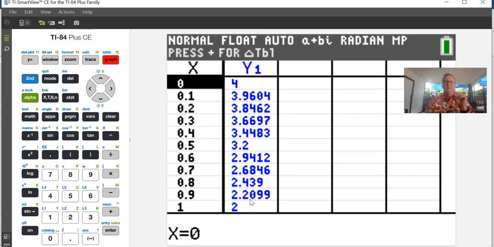I already knew the first one was 4, and then 3.9604, and then 3.864, all those other values are the ones that I'm interested in. So, rather than having to go through laboriously finding all of those other things, I can write down the values for f2, f3, and so on, which I'll now do back in my notes.